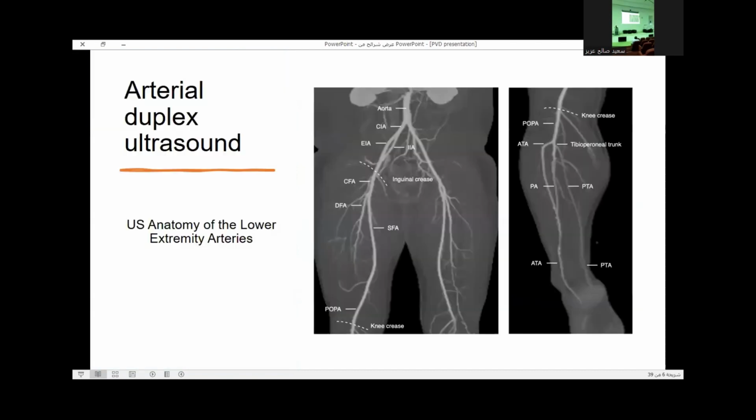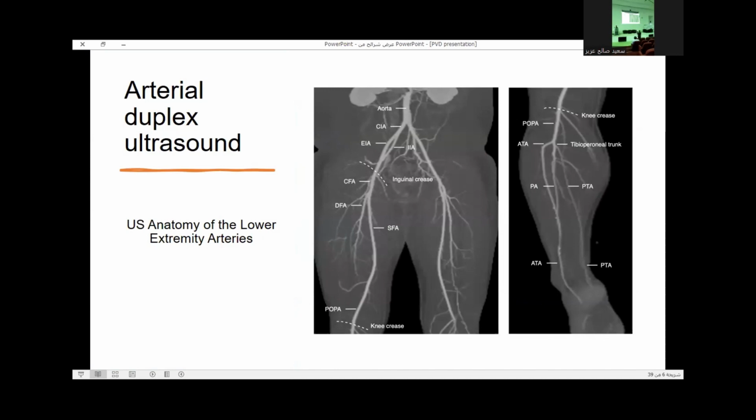Regarding the anatomy of the lower limb, from the aorta, most of us are familiar with this, starting with the common iliac artery, then external and internal iliac arteries. The external will go to the common femoral artery. Clinically, we usually say the common femoral artery starts at the inguinal line.